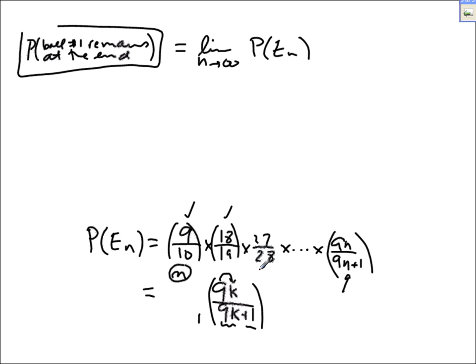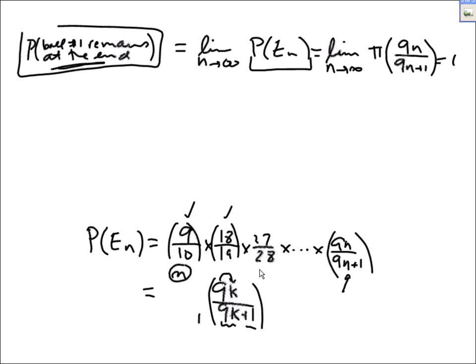So, this is really the limit as n goes to infinity of the product of 9n over 9n plus 1. Now, I want to show that the probability that the ball remains is 0. That ball number 1, the probability that it remains is 0.